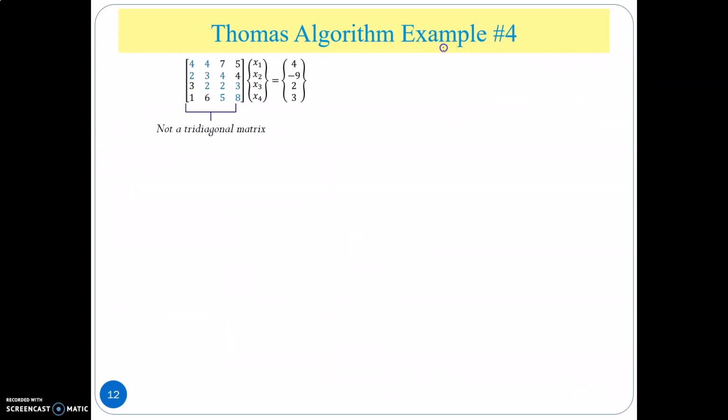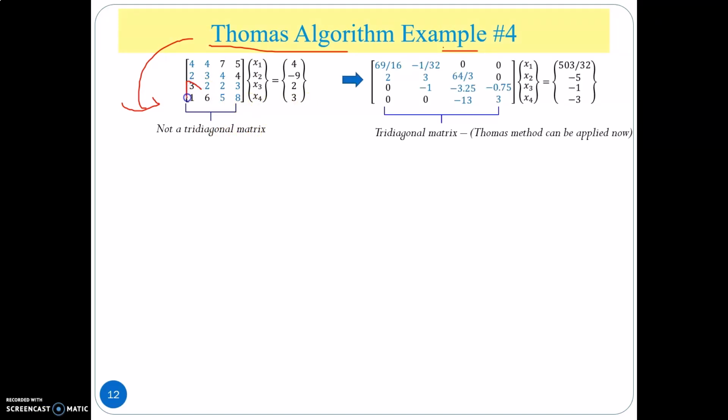In example 4, we are going to show you what happens if you insist on using the Thomas algorithm on a matrix that is not a tridiagonal matrix. It is not straightforward to do this, as we need to make the element here and the element here equal to 0. So in this case, you have a tridiagonal matrix with bandwidth equal to 3.